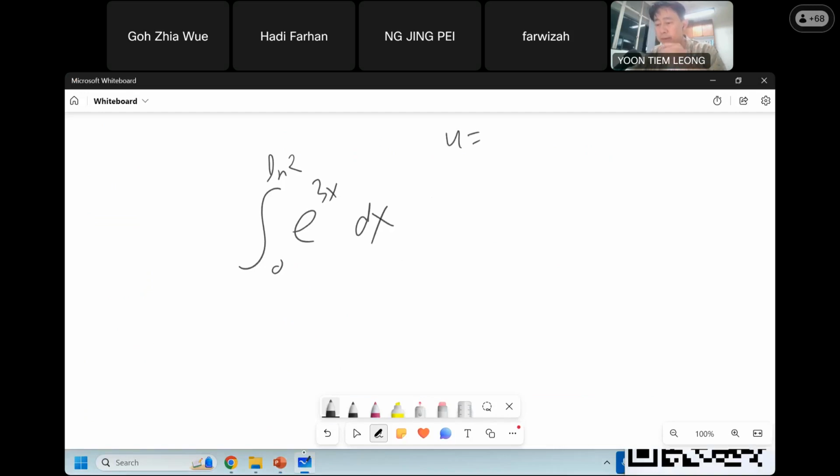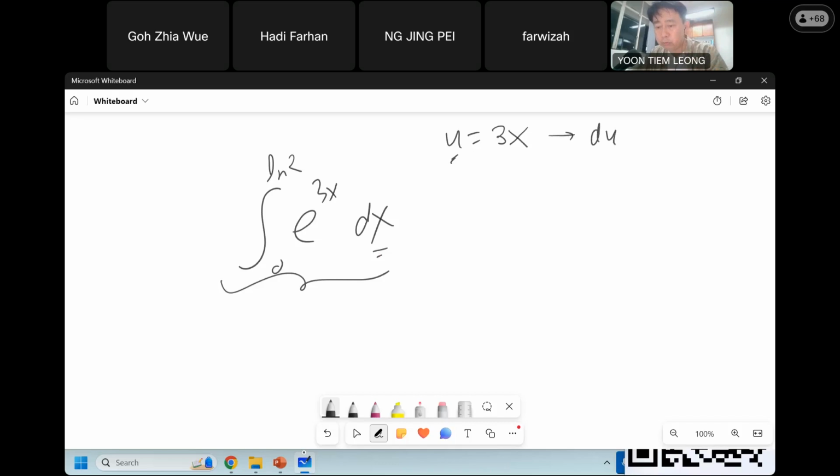That is, you let u represent the function 3x. Then you would convert the integration with respect to x into the integration with respect to u.